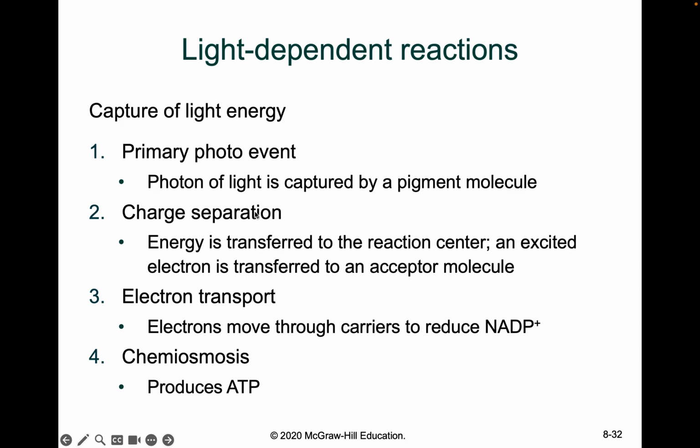This then creates a charge separation where energy is transferred into the reaction center. An excited electron is then transferred to an acceptor molecule. So the charge separation is where the excited electron in the reaction center, in the chlorophyll A, is very excited and is passed to an acceptor molecule, to an electron carrier.